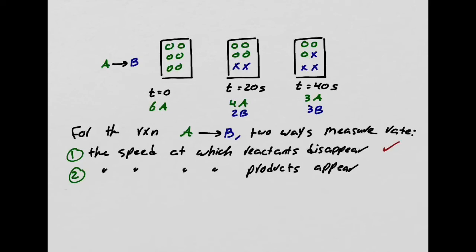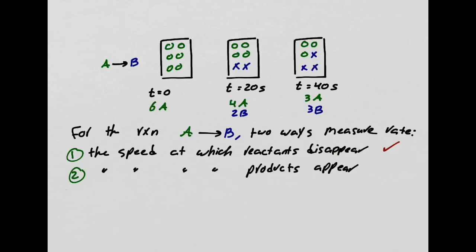Because at the beginning, we mostly just have the reactant, right? Early on, we only have reactant. So this is a better way to do it because early on, mostly and sometimes entirely, we only have the reactant. So it's better to look at the rate that the reactants disappear.